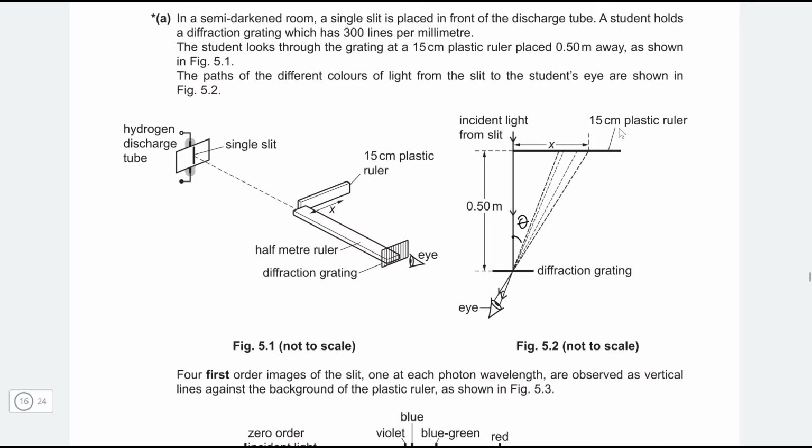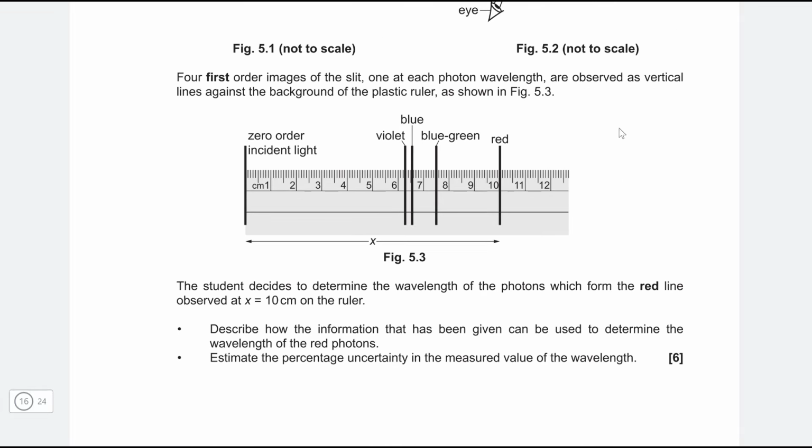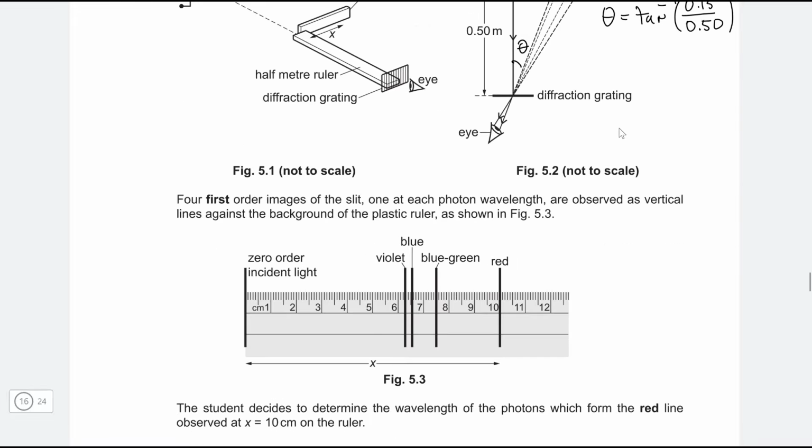Even before I read the question, I could just quickly say that theta will be equal to the inverse tangent of 15 centimeters, which is 0.15 meters, divided by 0.50 meters. So we have an idea over here where this distance x is, and we have some measurements over here for what the distance x is for violet, blue, green, and red.